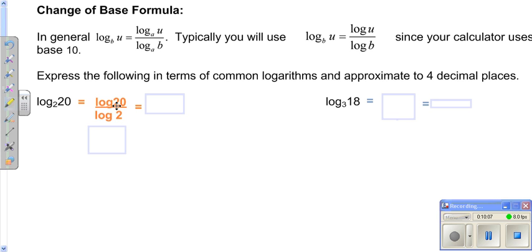These are both common logs, log base 10s. We'd type this into our calculator to get the decimal approximation. And then we would do that also over here. Go log of the 18 over log of the base, which is base 3. So it's log of 18 over log of 3, using your common log button on your calculator, typing it in to get this right here.